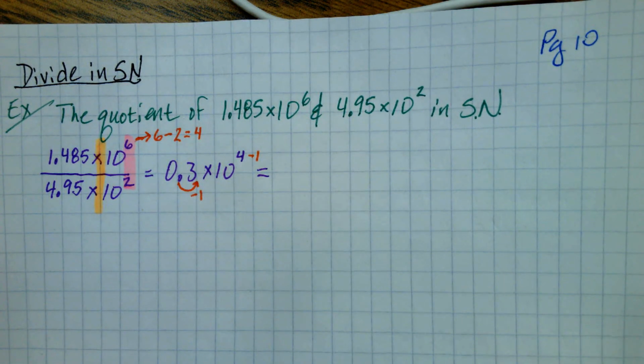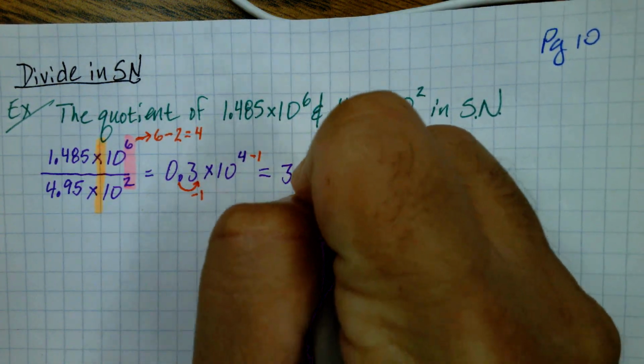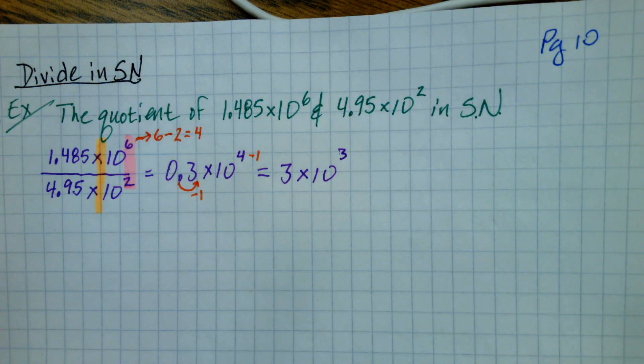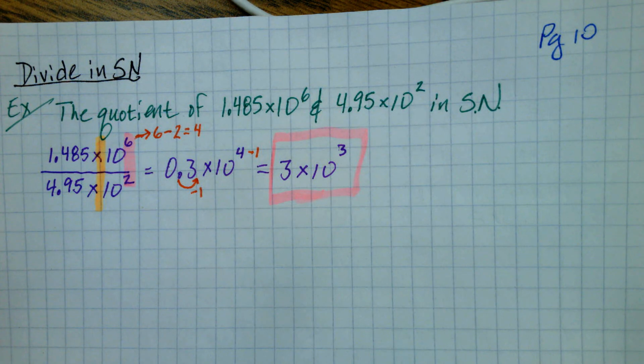It's going to be 3 times 10 to the third, or 3,000. If we needed to convert this into just a standard number, it's 3,000. But we'll leave it that way because it asks for scientific notation. Okay. Any questions? All right. So let's do a few more.